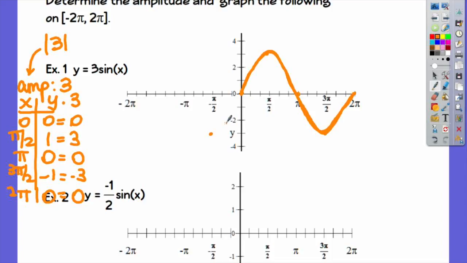It has to follow that same pattern. What about at negative pi? 0. At 3 pi over 2, should be here. I don't know why it's not. It's gonna be a 3. And then 0. A little rusty.